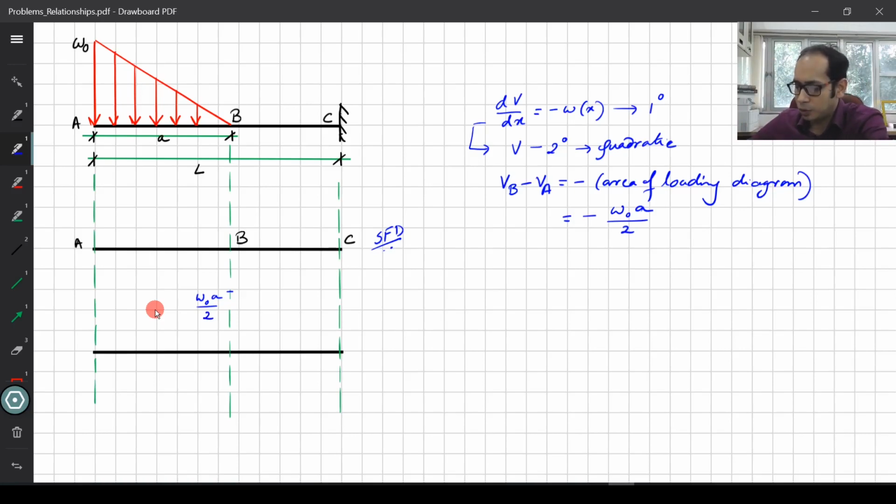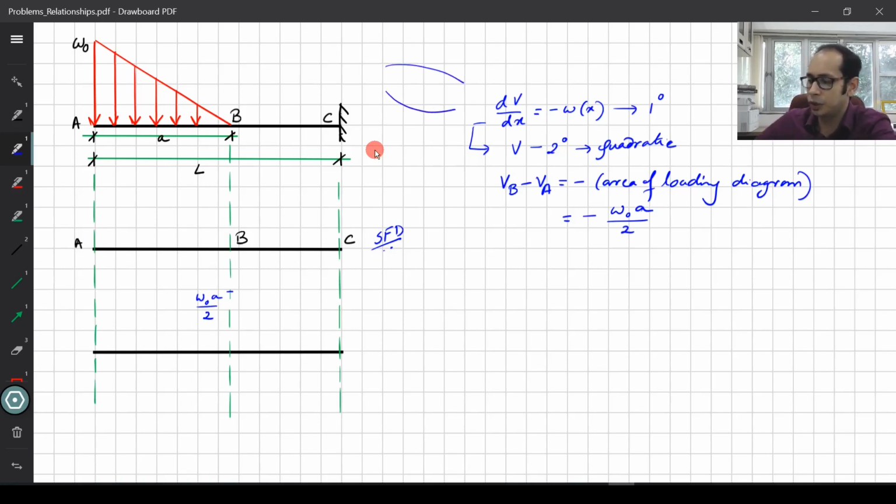So from A to B, from the shear force of 0 over here to a negative W0 A over 2, I'm going to have a quadratic variation. Now again, we are back to the same question: how will the quadratic variation be? Will it be something like this, or will it be something like this over here?